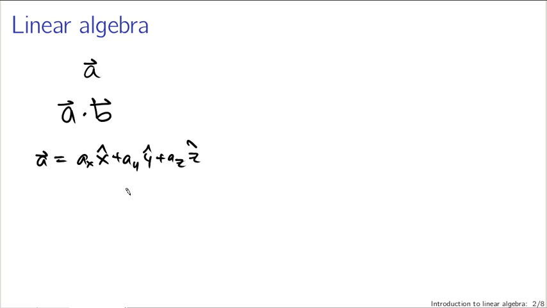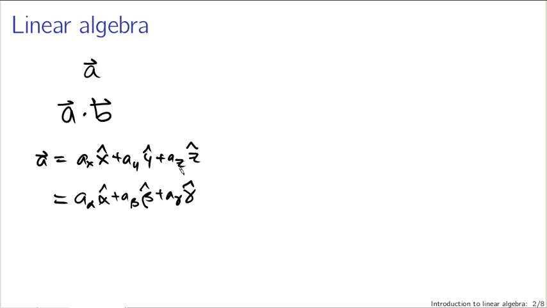We can also express some vector A in a different coordinate system, I'll call it a alpha alpha hat plus a beta beta hat plus a gamma gamma hat, where now the hatted vectors here are unit vectors, and the numbers ax, ay, az, a alpha, a beta, and a gamma are simply components. They're simply numbers.